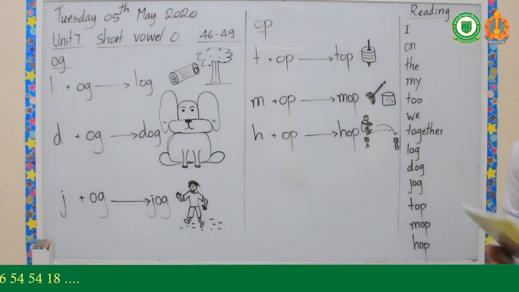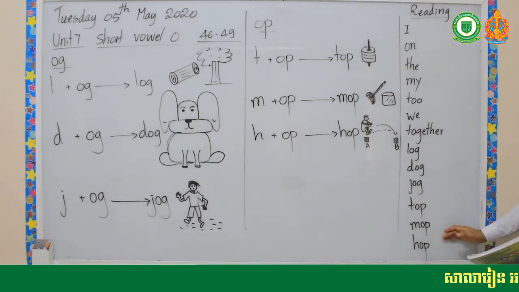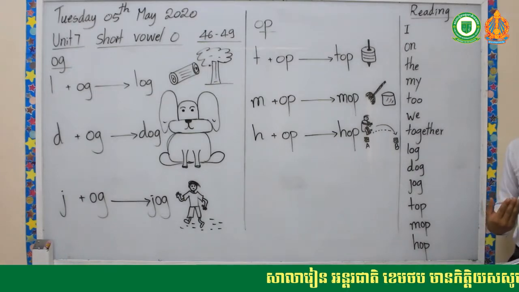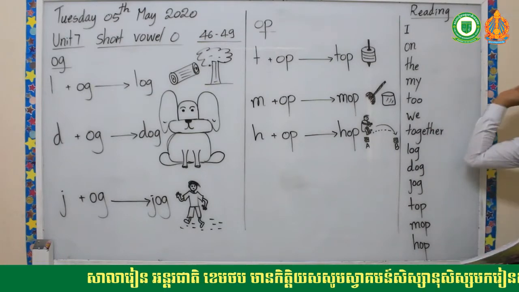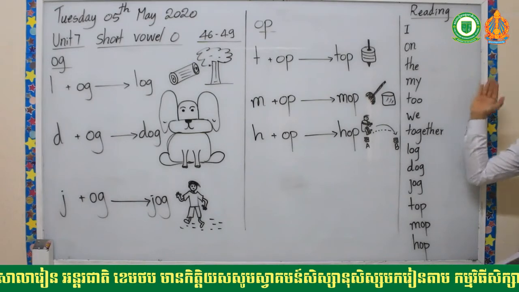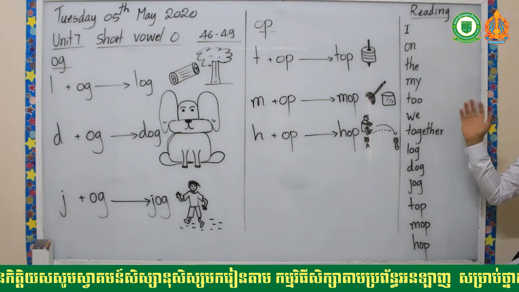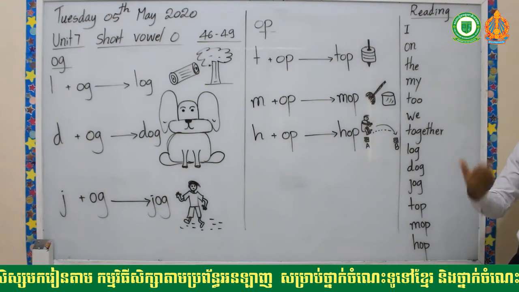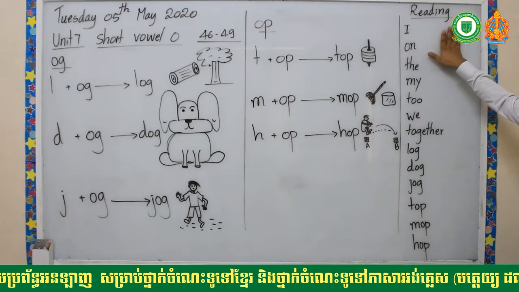There are some words that I wrote on the board. So you need to listen, pay attention to me first, and then you need to write this down into your notebook, and then you practice your reading. Read again and again. Even though you already learned, I just want you to make sure that you can read this.